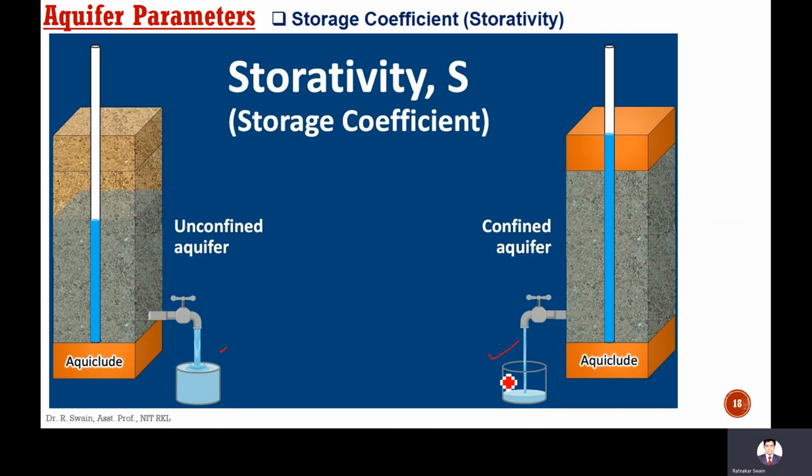Therefore the confined aquifer storage coefficient is less compared to the unconfined aquifer. So this is about the aquifer parameters.